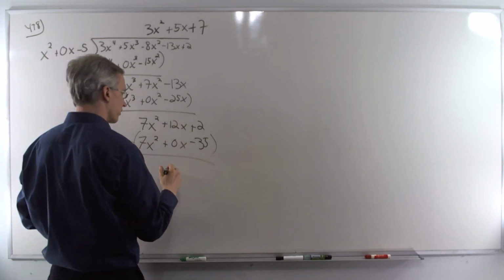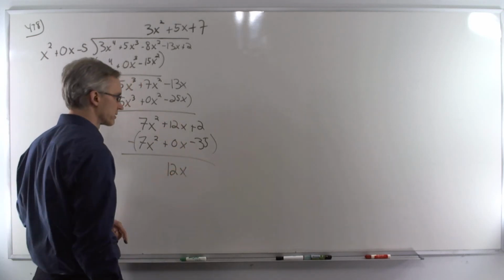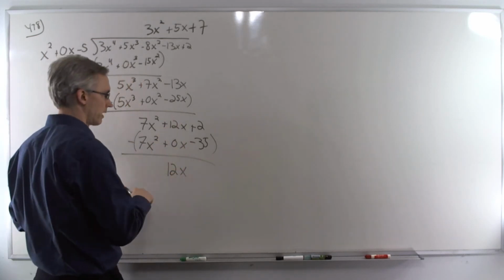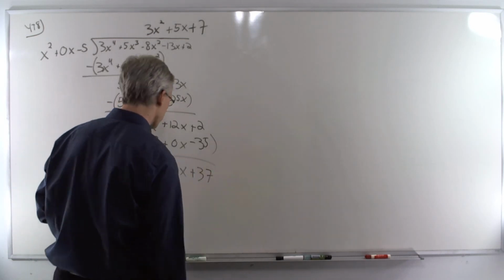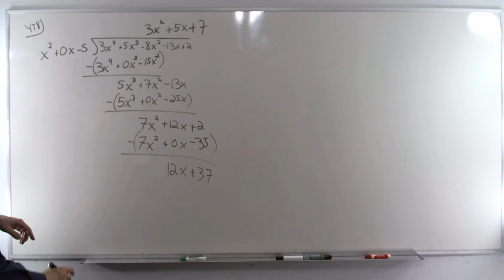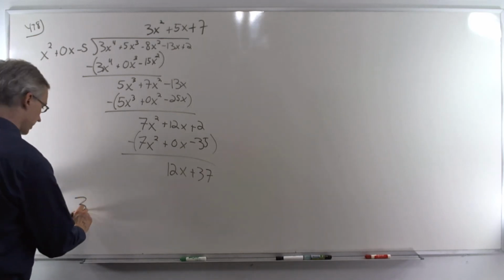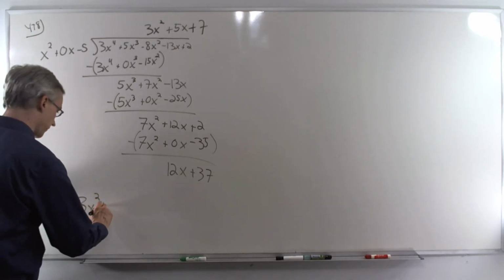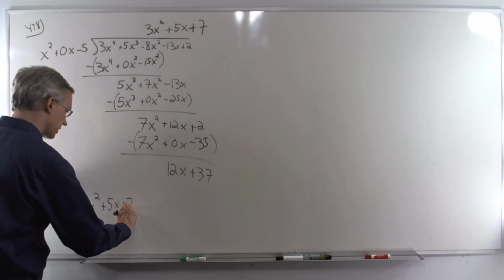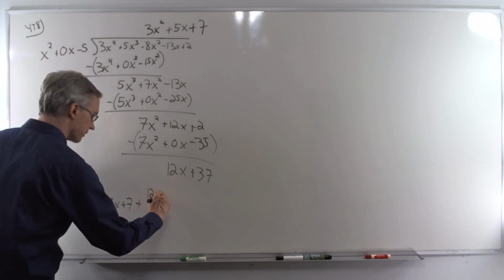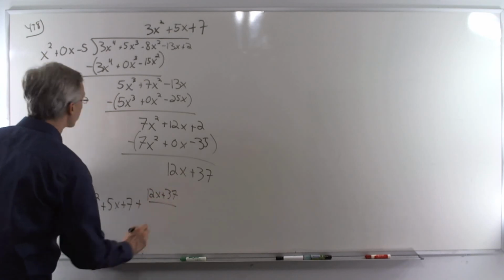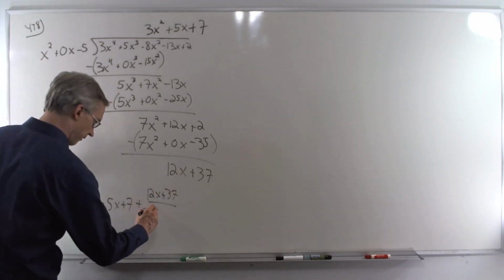Those go away. 12 minus 0 is 12, so we get 12x there. 2 minus negative 35 is 2 plus 35, or 37. So we get 12x plus 37. So our final answer then is 3x squared plus 5x plus 7 plus a remainder, 12x plus 37 over the divisor x squared minus 5.